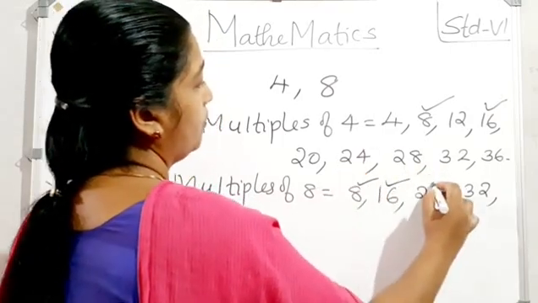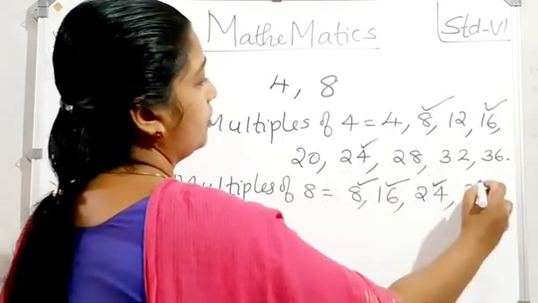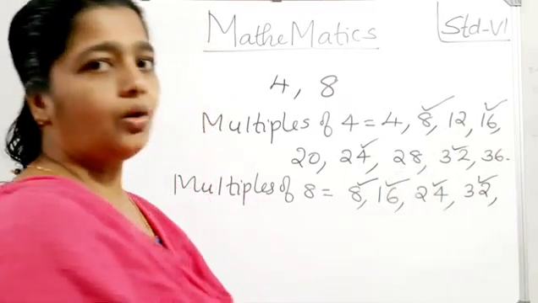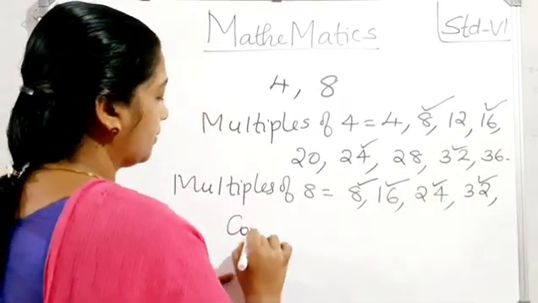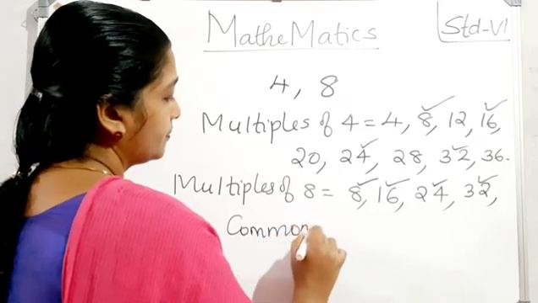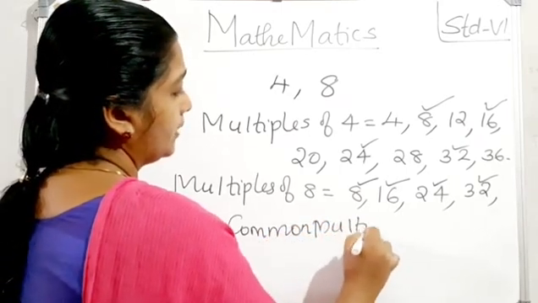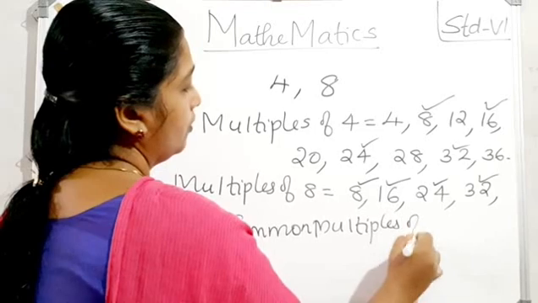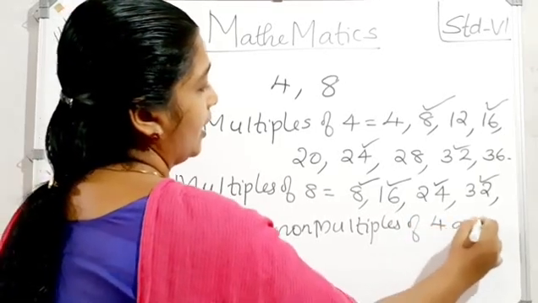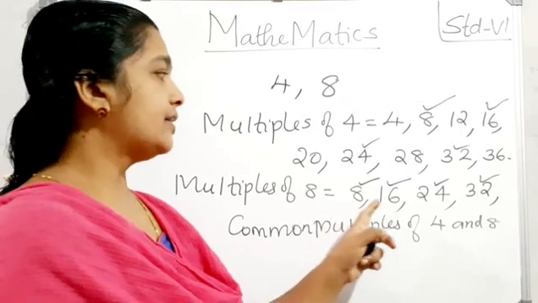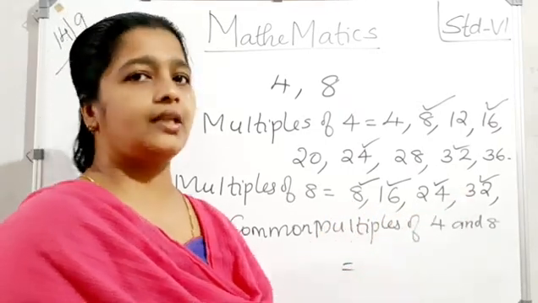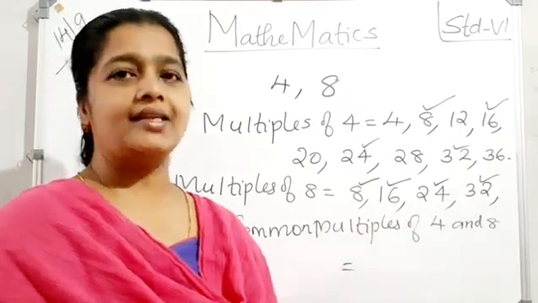Next 24, here also 24. Then 32, here also 32. So how can we write the answer? The common multiples of 4 and 8 are, say the answer, 8, 16, 24, 32, etc. Understand?